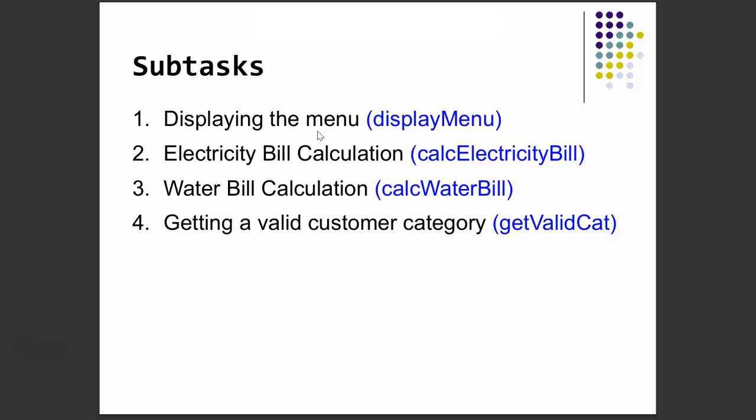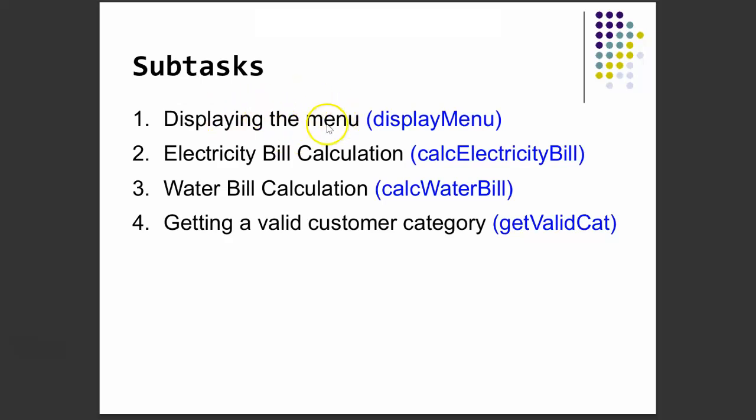If the user enters a wrong choice, we want to make sure that we keep prompting him to enter a choice until finally he enters the correct choice, that is either 1, 2, or 3: 1 for electricity bill calculation, 2 for water bill calculation, 3 for exit.